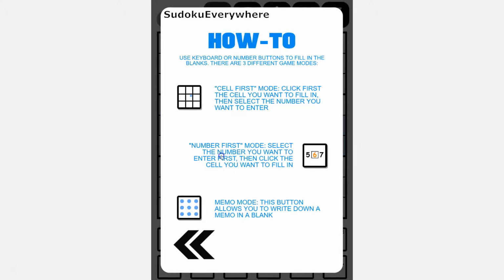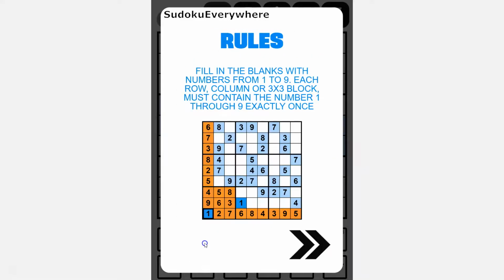And then here's a number first mode, which lets you basically pick a number and then go fill in the squares that you want to fill in. And then this one says Memo Mode, and this allows you to put in what a lot of people also refer to as notes or memos into a blank square that's not filled in yet.